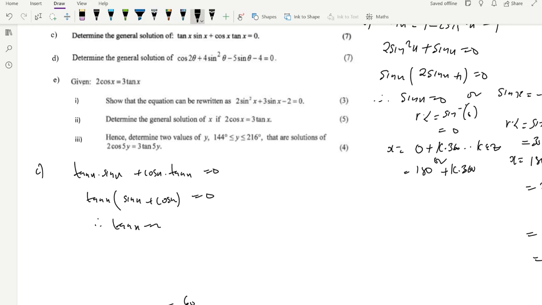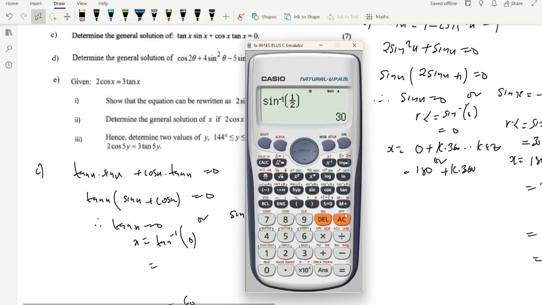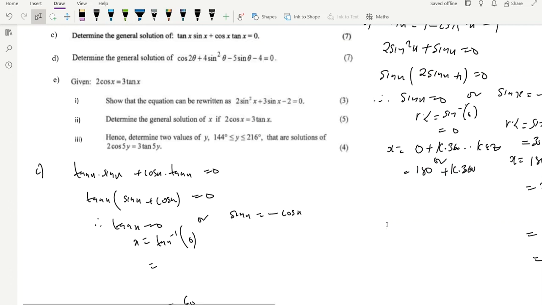Therefore, tan x equal to 0 or sin x equal to minus cos x. Let us check the reference angle for tan x equal to 0. Shift tan 0, which is 0.